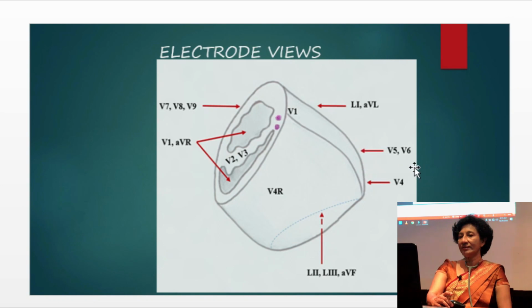Lower lateral wall electrical activity is recorded by V5, V6, apical electrical activity by the V4 lead, inferior wall electrical activity by leads 2, 3, AVF, right ventricular electrical activity by the V4R lead, interventricular septum electrical activity by V2, V3, posterior wall electrical activity by V7, V8, V9.